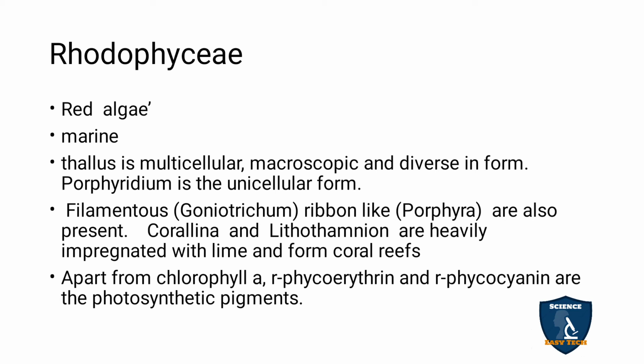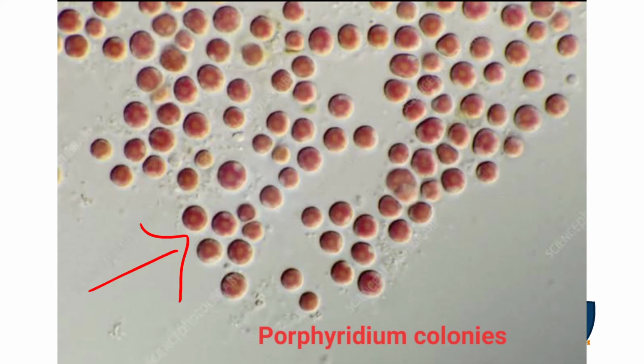Because of that lime impregnation, they produce coral reefs. Apart from chlorophyll a, phycoerythrin, which is responsible for red color, and phycocyanin are the photosynthetic pigments. So in addition to chlorophyll a, phycoerythrin and phycocyanin are the pigments seen in Rhodophyceae.